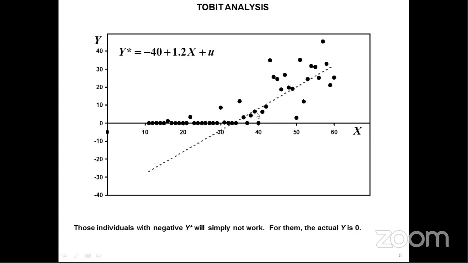Only after this point and onwards are there some positive values, after 30 and above. But up to 30, the value of y is equivalent to 0. And this is known as censored observations.